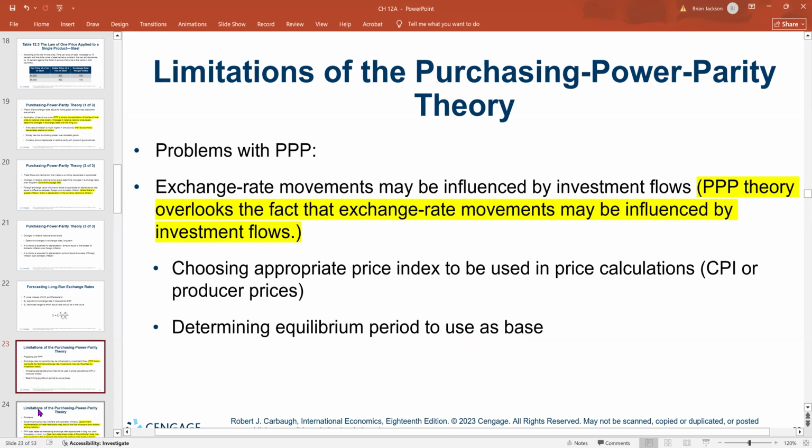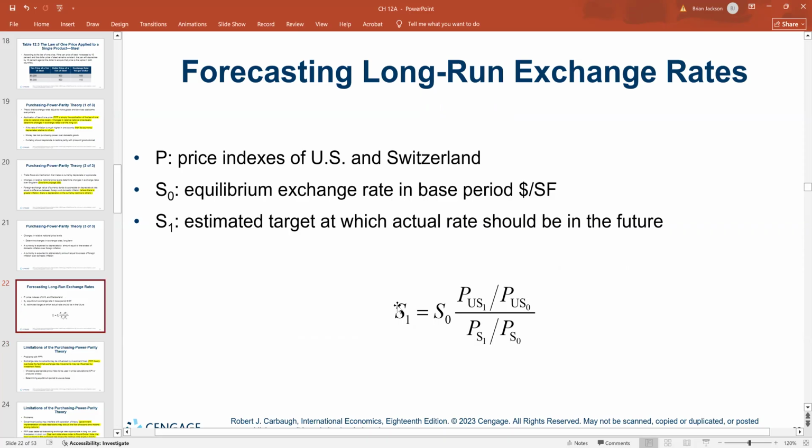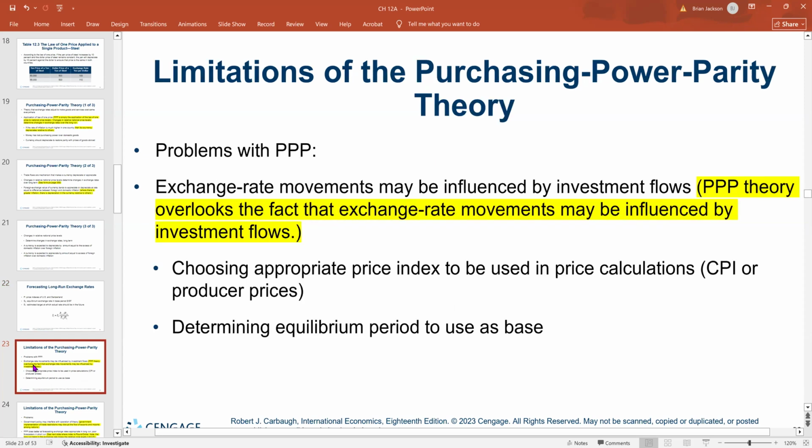Now, there are limitations on the purchasing power parity theory. The exchange rate movements may be influenced by investment flows as well as these prices in largely consumer goods. We've been talking about the price level. The price level is what's pushing exchange rates under purchasing power parity. There's nothing in this formula that deals with currency flows due to investment.